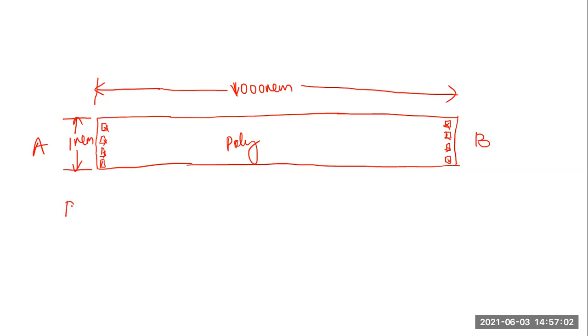Sheet resistance, R sheet is equal to 15 ohm per square. And the parallel plate capacitance, CPP, you can say it's 0.106 femtofarad per micrometer square.